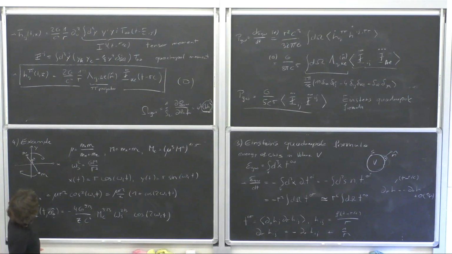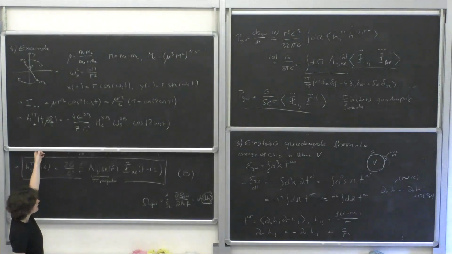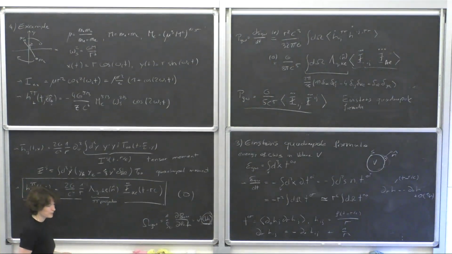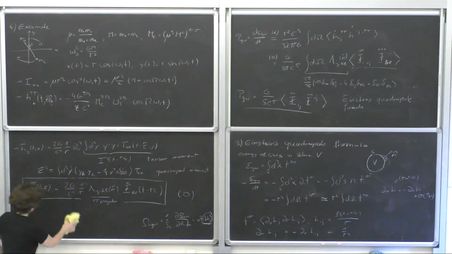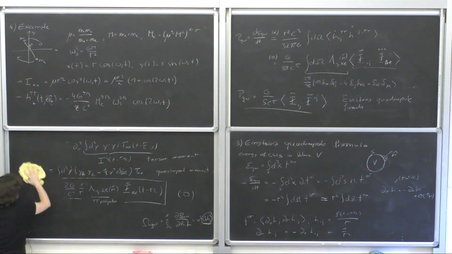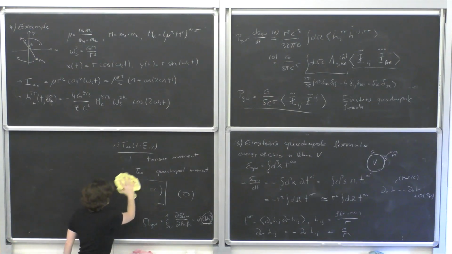Okay, and now, this is just to give you an example. These formulas with the quadrupole moment are a bit abstract, but when you do the actual computation, if the system is simple, then the computation is extremely simple, and you can immediately read off the properties that you want.